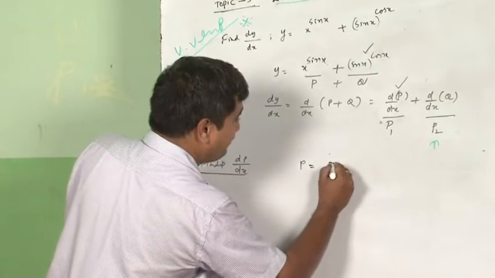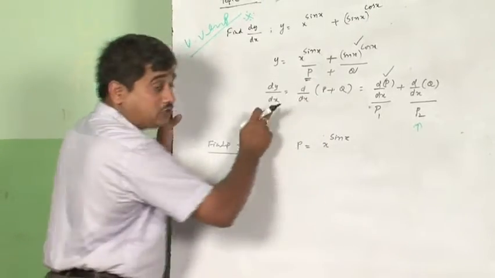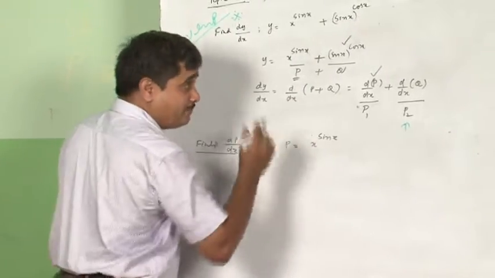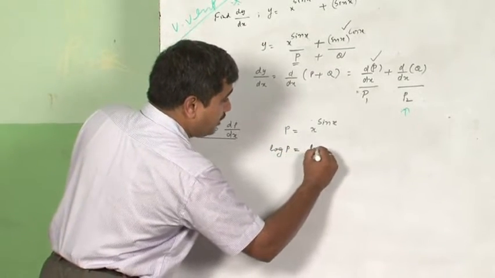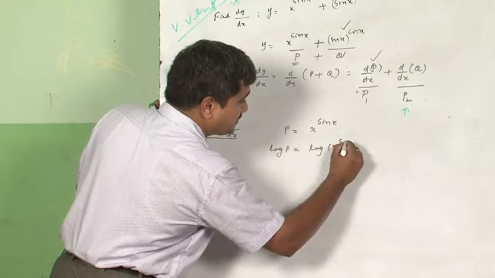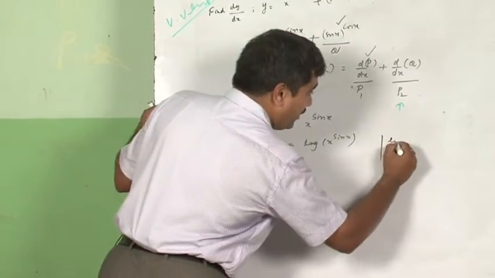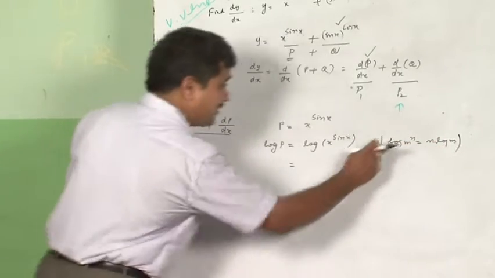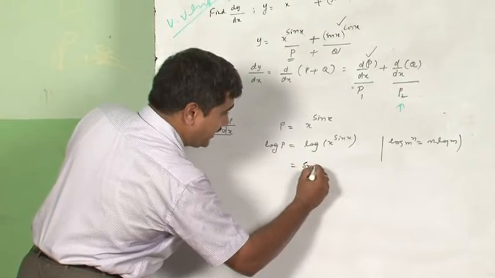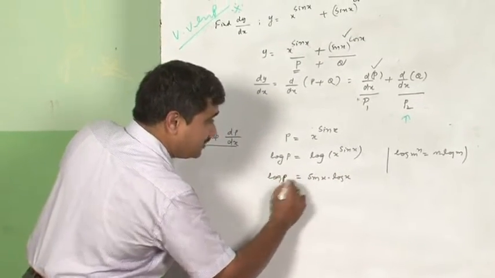Take the function p, x to the power of sin x, separately, because I have already assumed it as p. Take logarithm on both sides. Log p is equal to log x to the power of sin x. I told you already, log m to the power of n is equal to n log m. Using this rule, it becomes sin x into log x. So log p is equal to this function.